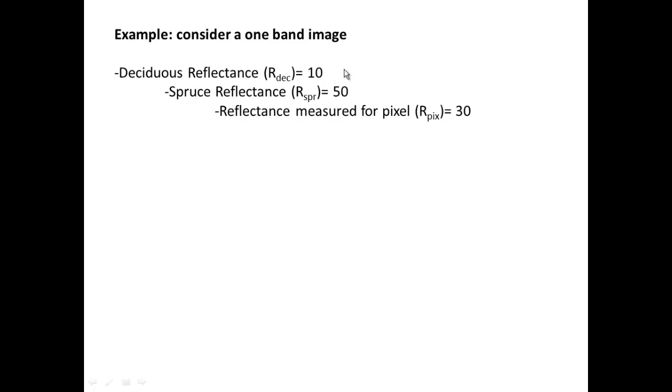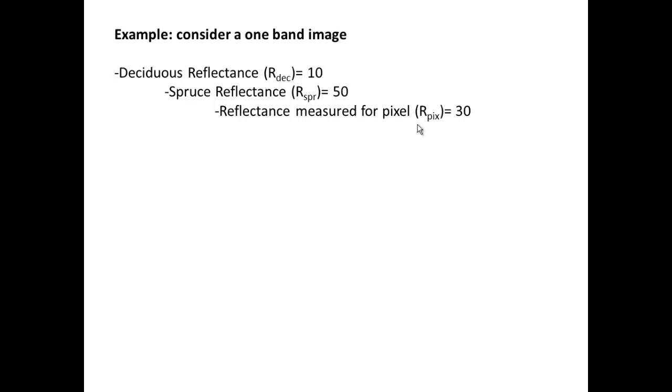And deciduous might have a reflectance of 10 typically, and spruce surfaces might have a reflectance of 50. Now, in our single band image, we've measured a single reflectance value of 30. And we know that that value is not deciduous and it's not spruce. It's going to be a mixture, a fractional mixture of deciduous and spruce.